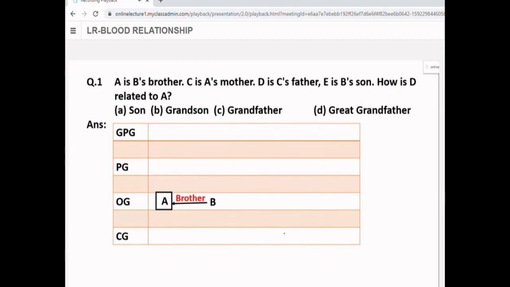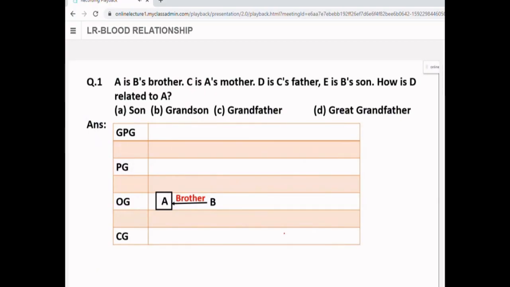Why not any symbol for B, why not a rectangle or a circle? By the first sentence, we don't know the gender of B. We know the gender of A only.